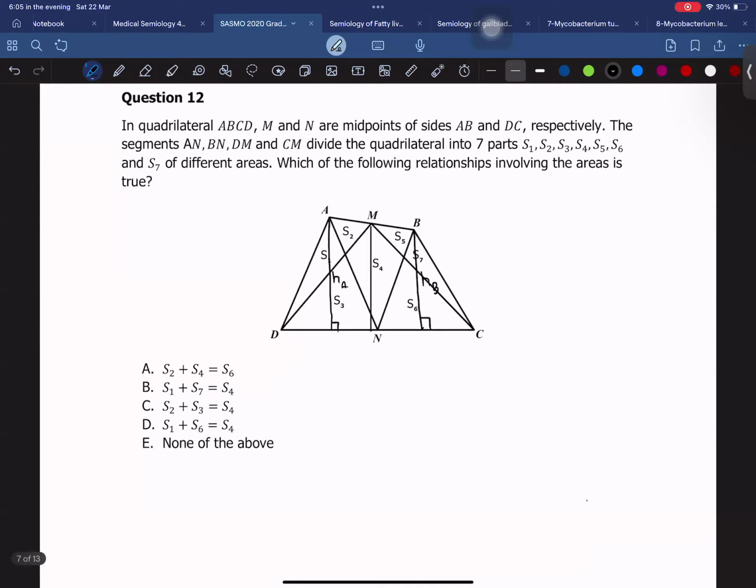Okay, so in here, as we can see, the area of a triangle, the formula of it is equal to what? 1/2 times base times height.